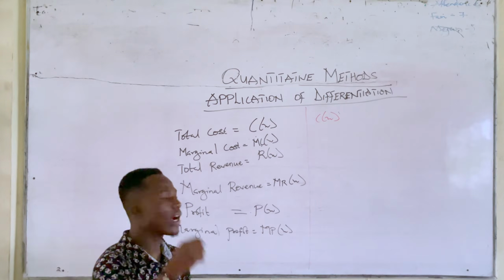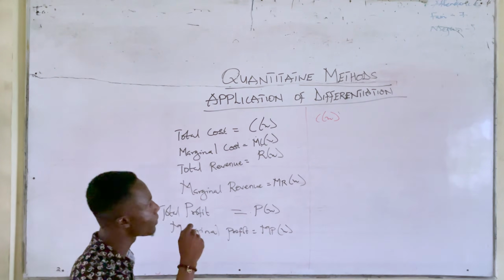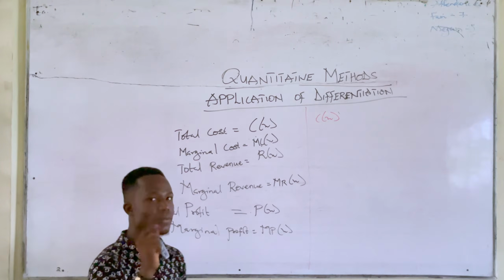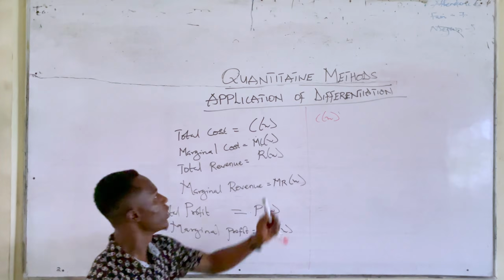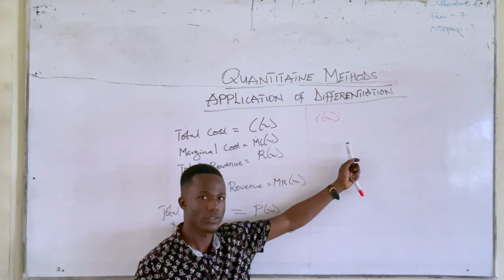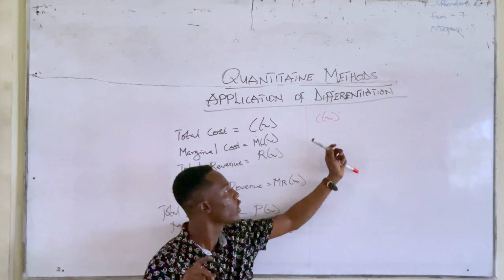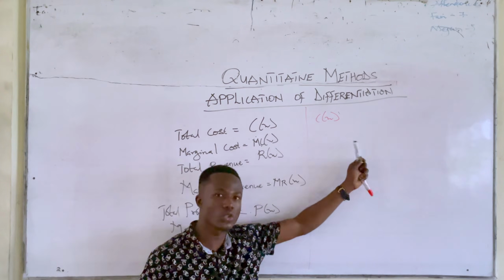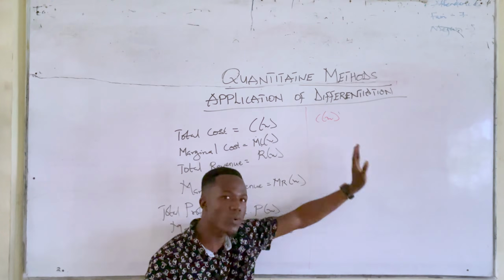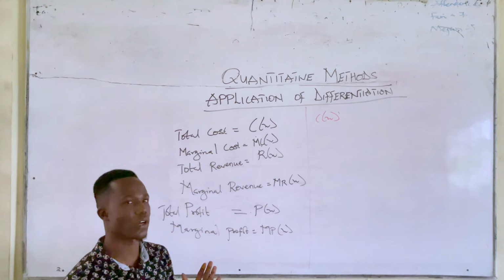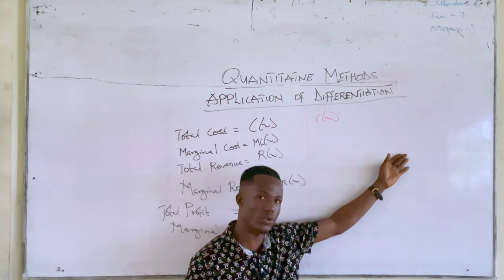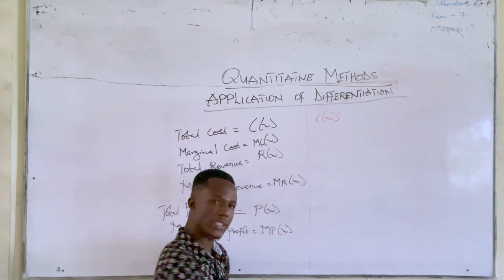If you want to calculate how an organization maximizes profits, or sorry, if you are calculating for the cost, you have to equate the marginal cost to 0, because the marginal cost here serves as dy dx, the first differential from the total cost. If you equate the marginal cost to 0, you are going to get the point for x.